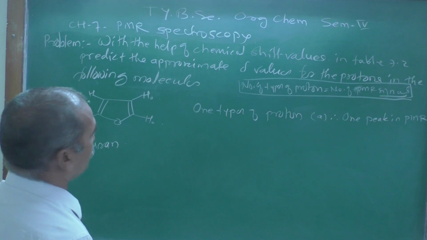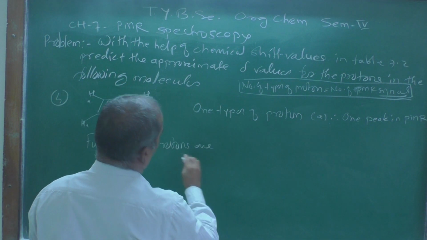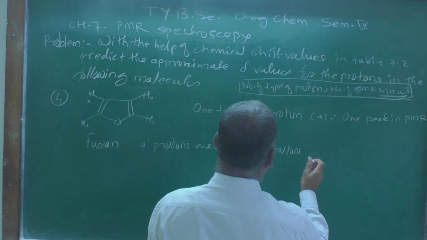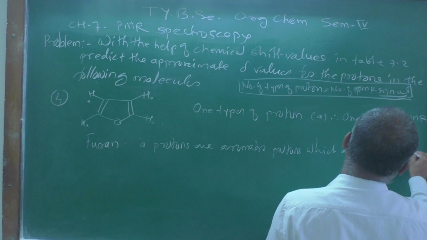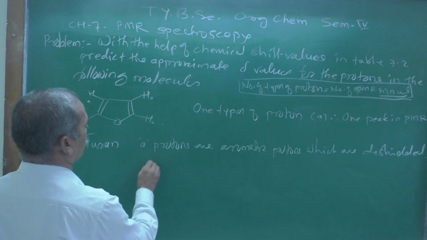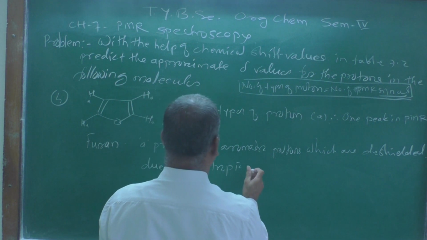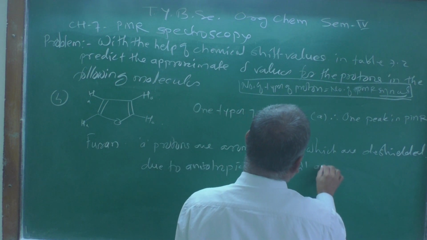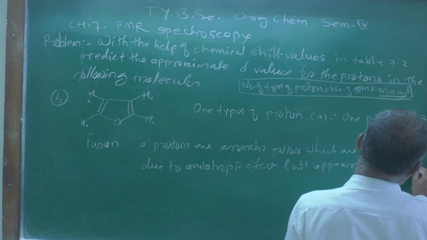So now the A protons are aromatic protons, which are de-shielded due to the anisotropic effect and will appear at 7.6 delta or ppm.